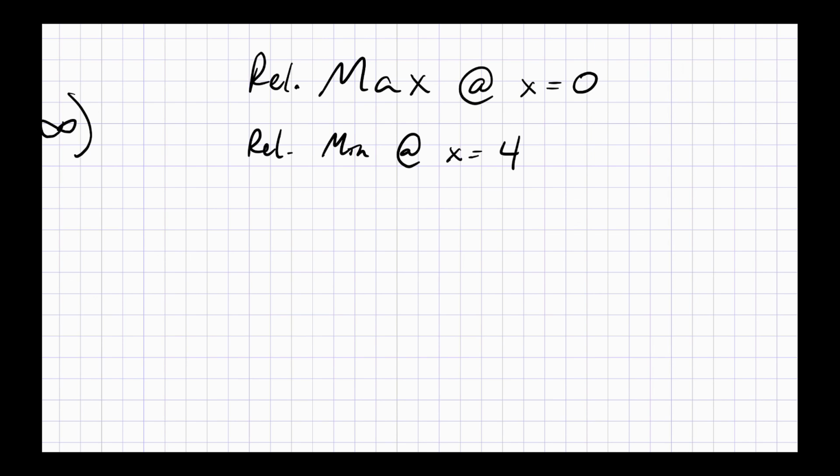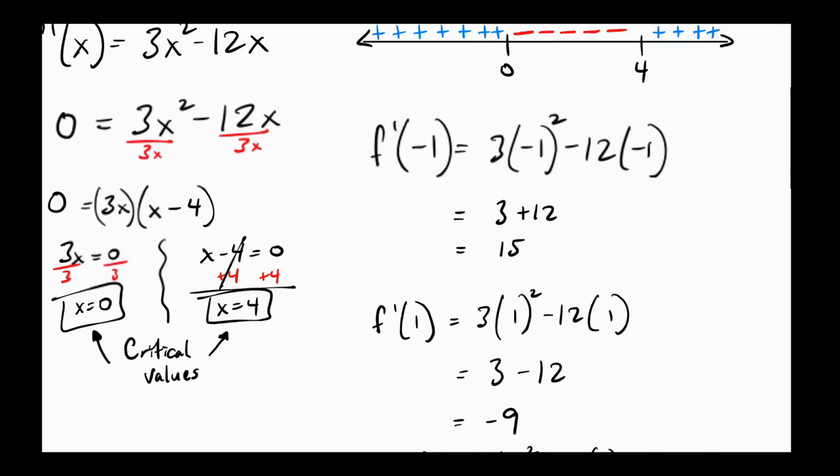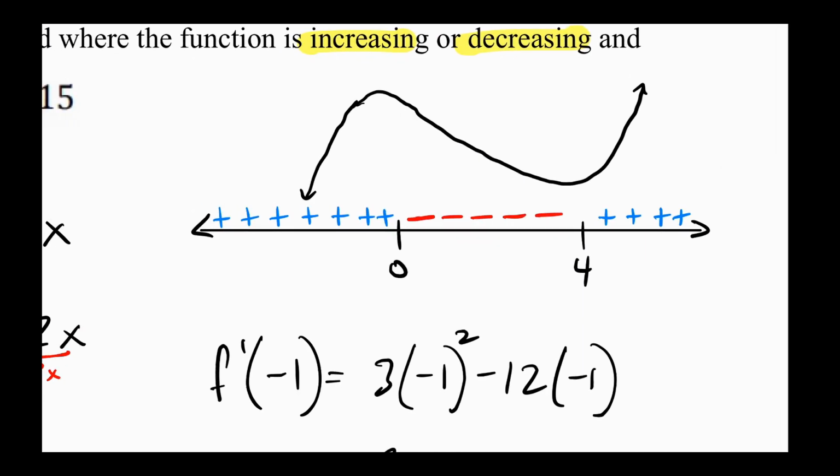What if they want the point? Sometimes they want the point. Sometimes I only gave the x. Sometimes they want the actual point at which it switches from increasing to decreasing or decreasing to increasing. How do I find this point? It's not very hard, but sometimes people get confused with it. So how would I find where that actual dot is on the graph? There you go.